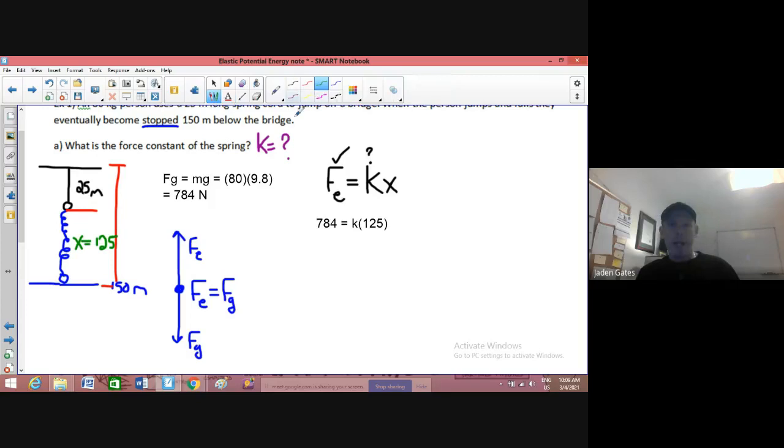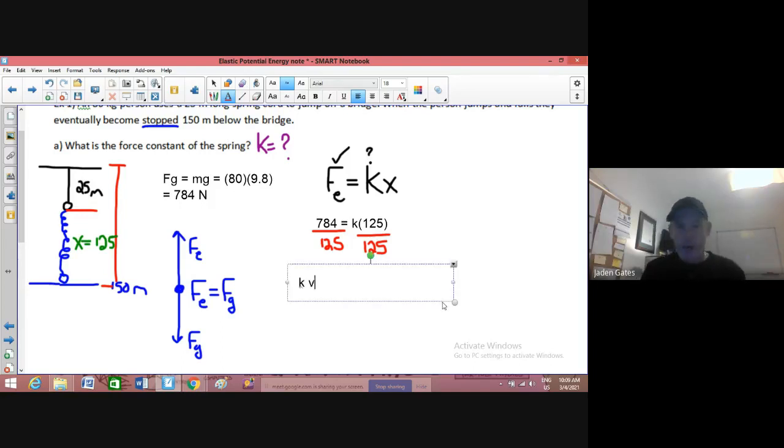Then I'm going to divide both sides by 125 to get my k value. I take 784, divide it by 125, and I'm getting 6.27 newtons per meter. So that's how strong this spring, this bungee cord, is.